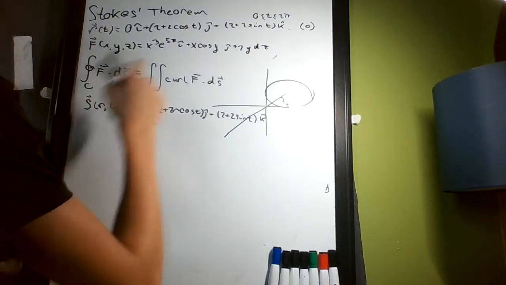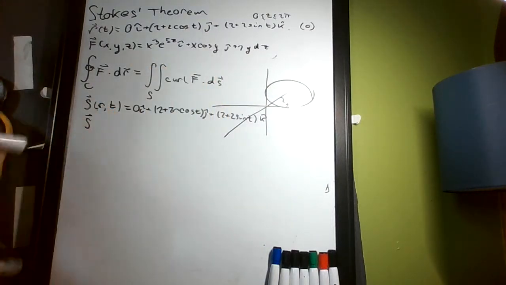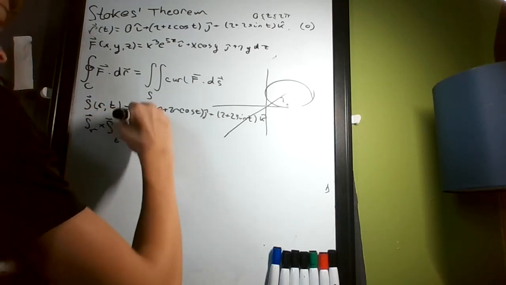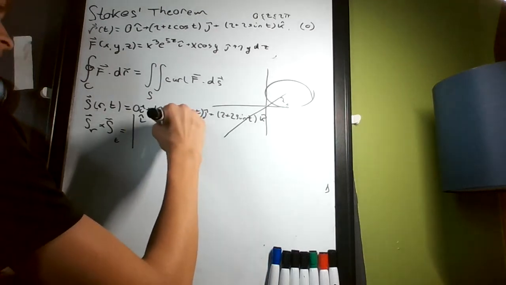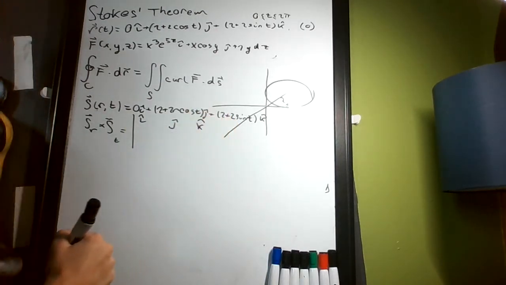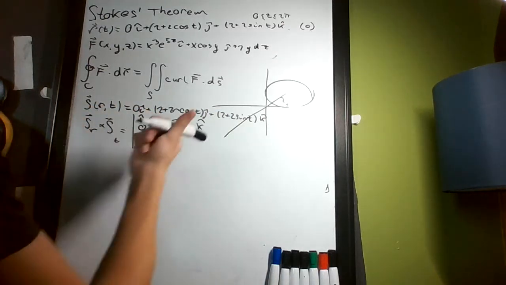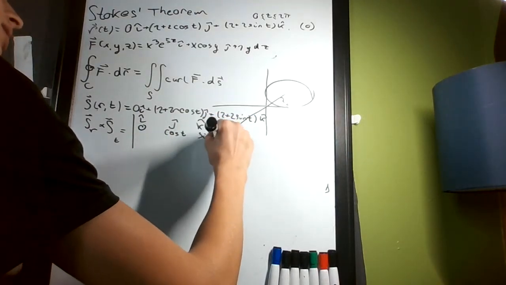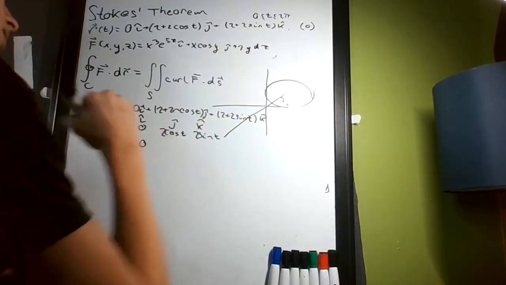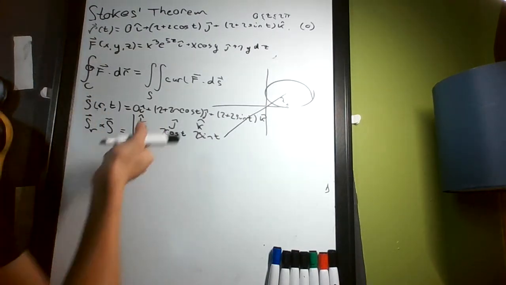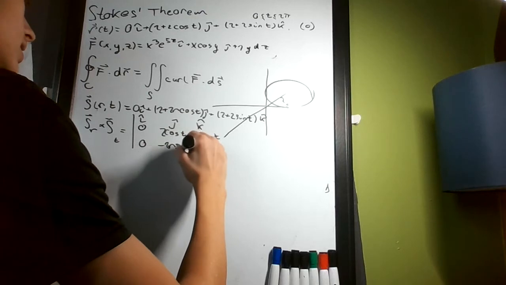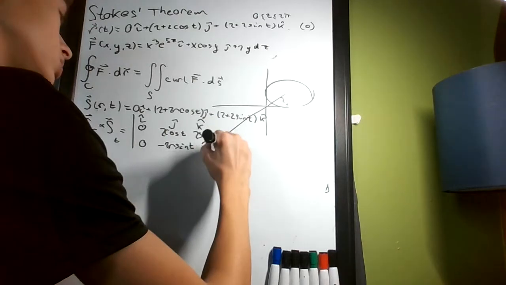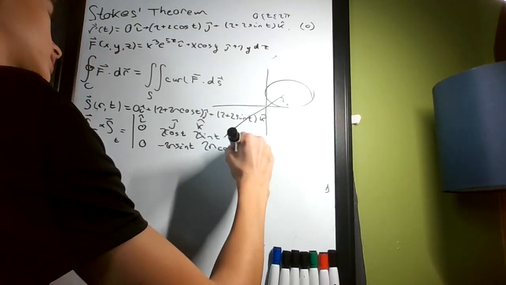Okay, so now dS for surface integrals is S_r cross S_t, the determinant of i hat, j hat, k hat, then 0 with respect to r, cosine t, sine t, and with respect to t, negative 2r sine t and 2r cosine t.